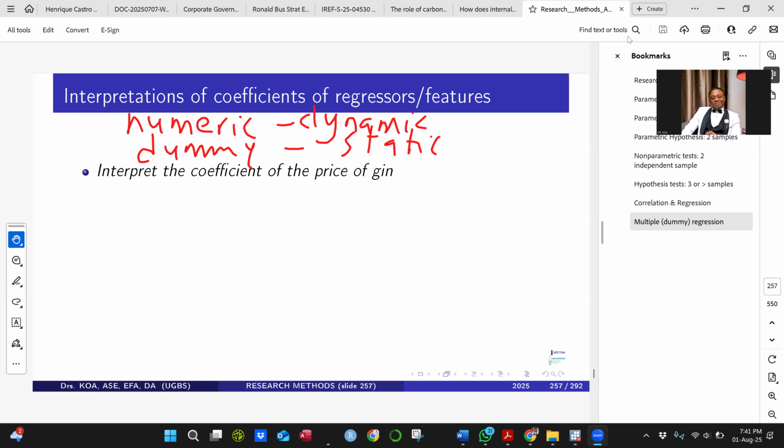The R square is also called the coefficient of determination. It tells you the total percentage variation within the dependent variable as it has been explained by all the independent variables combined. That's what it's doing.